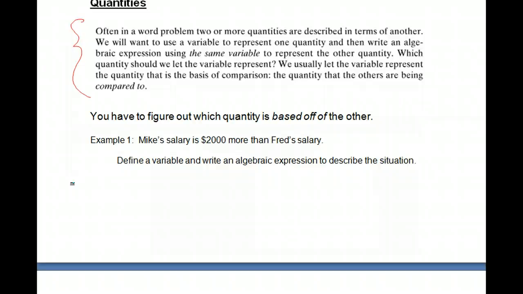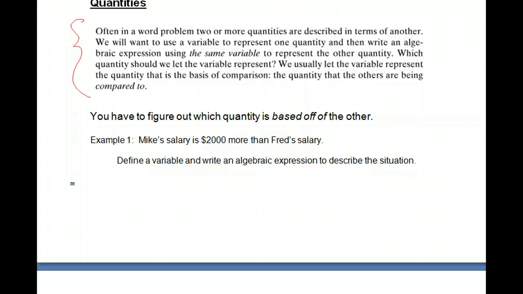If you master writing your let statements, you should have no problem setting up your equations. So example 1 says that Mike's salary is $2,000 more than Fred's salary. The directions say define a variable and write an algebraic expression to represent the situation.